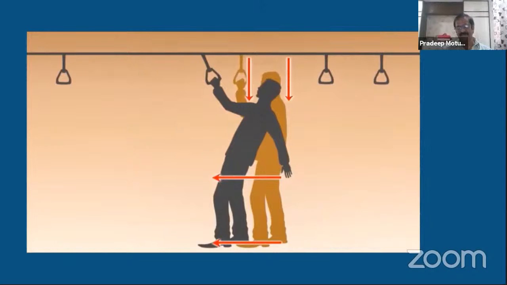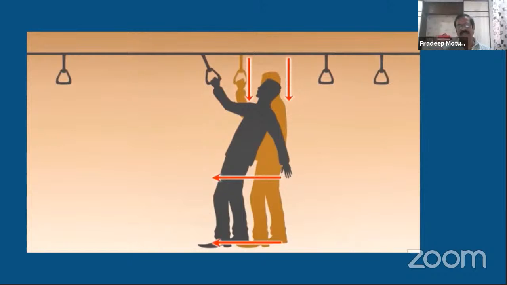Just look at this diagram. A person is standing in the bus. The bus starts suddenly. Actually, the lower portion is in contact with the bus, and the upper portion of the body is in the air. Whenever the bus starts suddenly, the lower portion moves forward, but the upper portion wants to keep at rest.